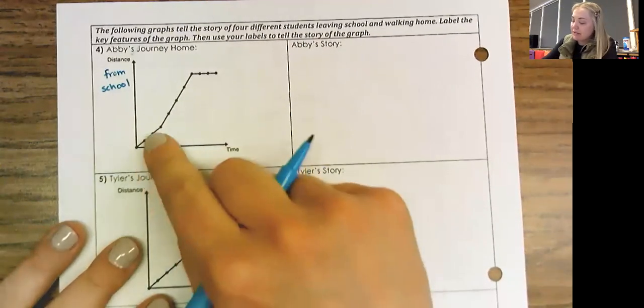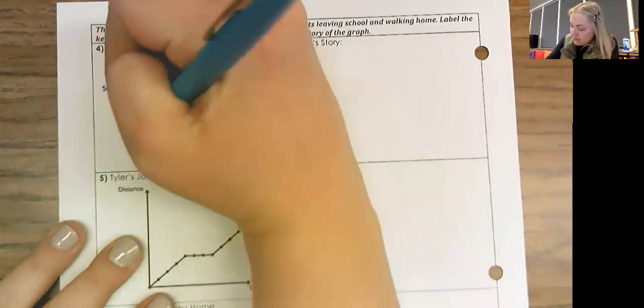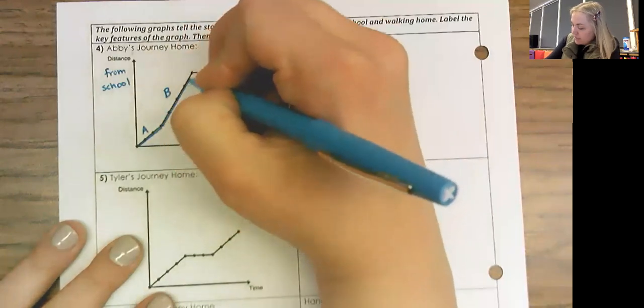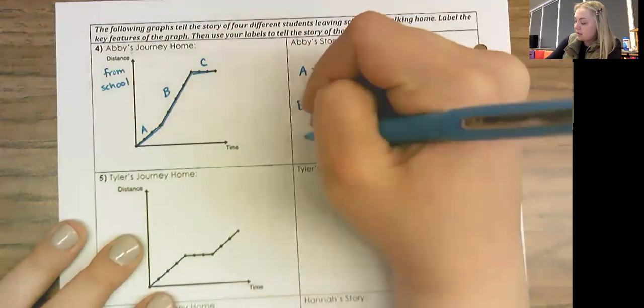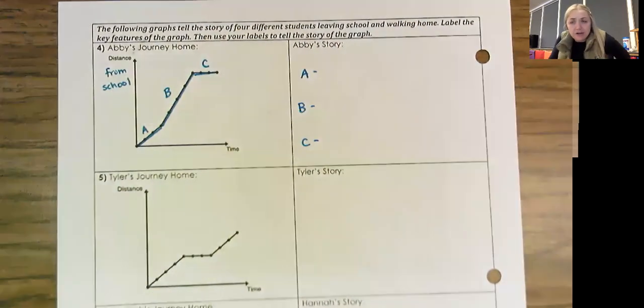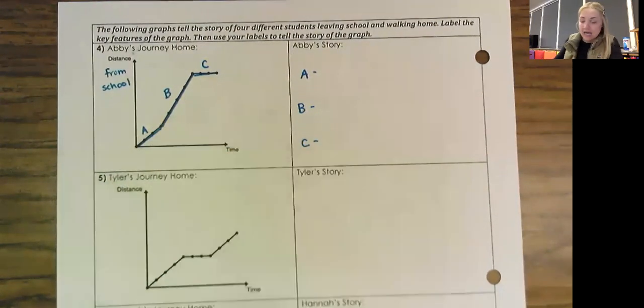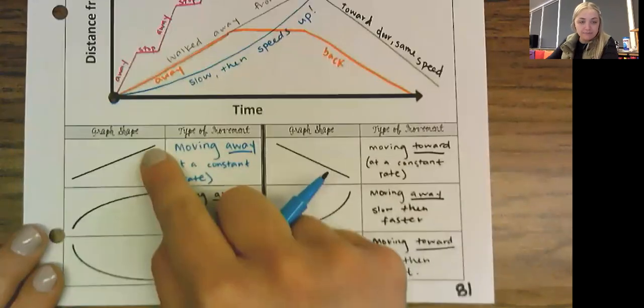Now we have three main sections here. I'm going to call this first section A. The second section will be B, and this third section C. And over here, A, B, and C. And you're going to see it like that on your homework as well. So what's happening in section A? Well, if I go back over here, that looks like this, moving away.